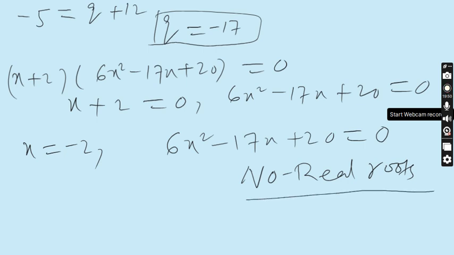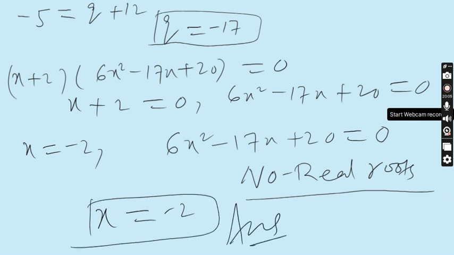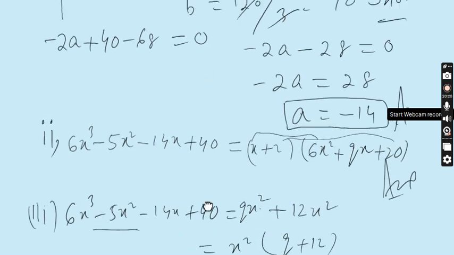This equation cannot be solved, because if you apply the quadratic formula you will get a negative sign in the root, which means complex roots. So the only answer is x is equal to minus 2. Okay students, so x is equal to minus 2 is our final answer, because the other equation 6x square minus 17x plus 20 has no real roots. So this is the answer.